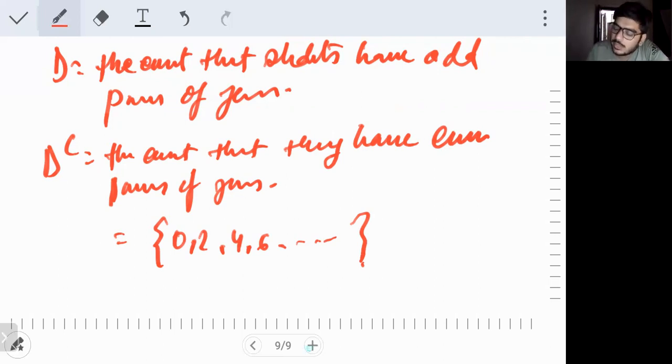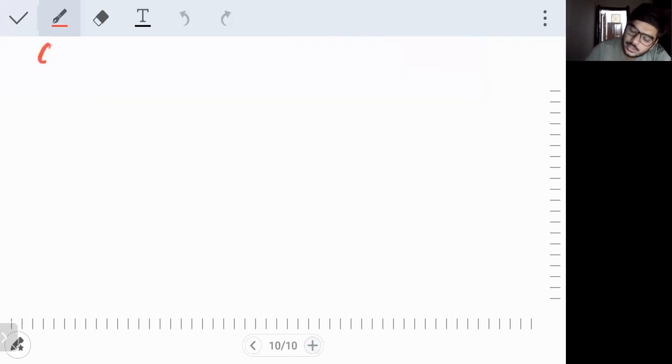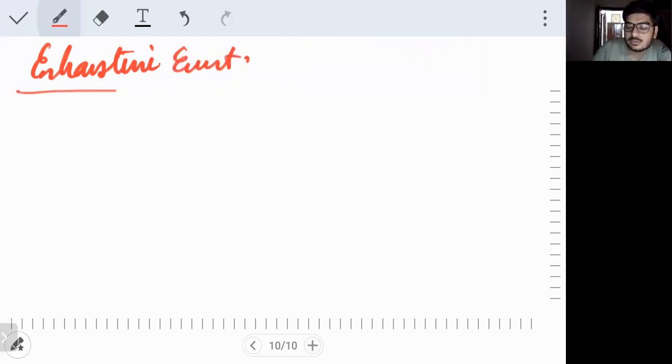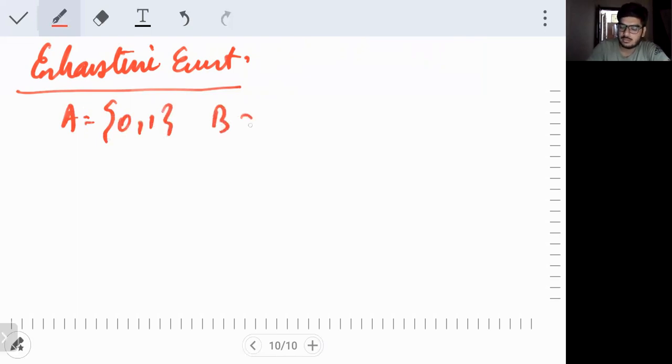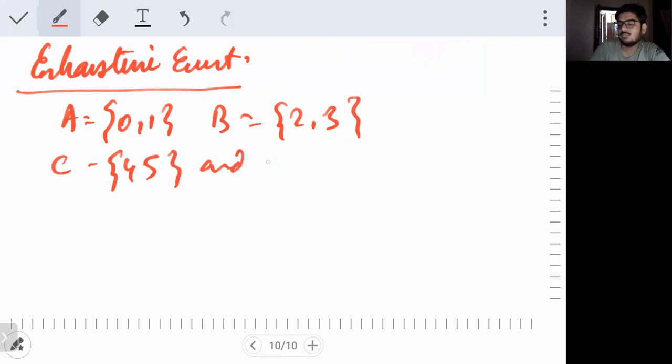One case is left, which is called the exhaustive event. Let's define A as 0, 1, B as 2, 3, C as 4, 5, and D as 6, 7, right?